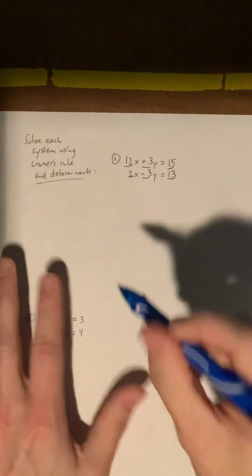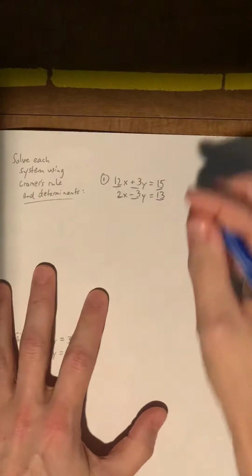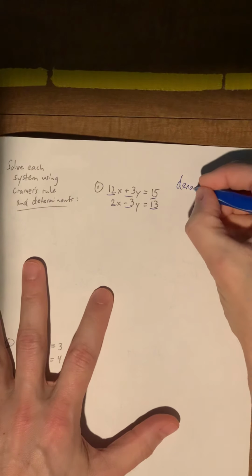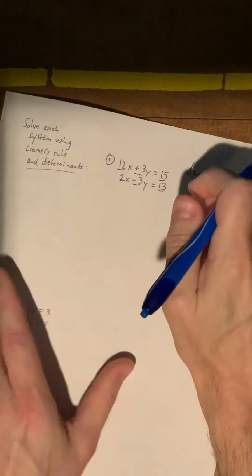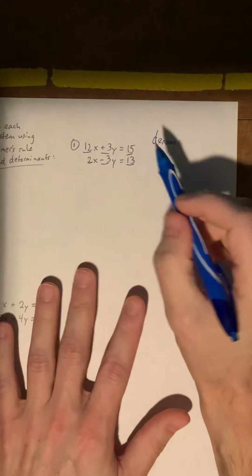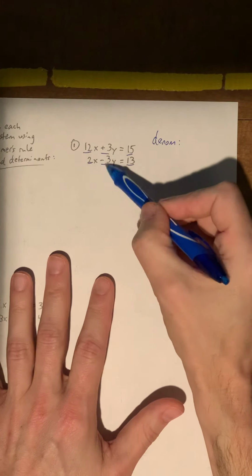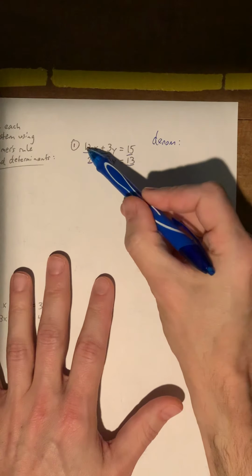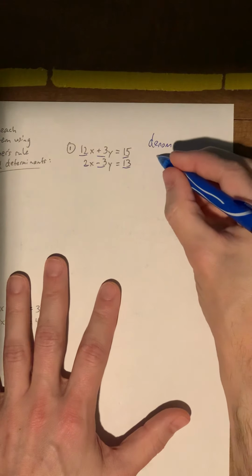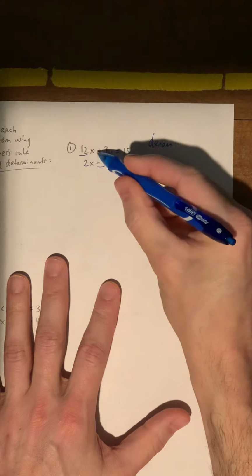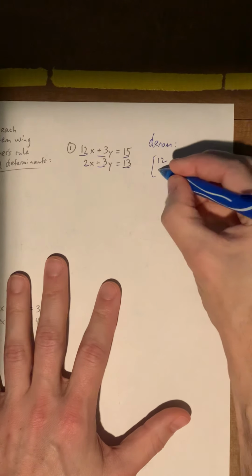So look, to find your denominator, which we'll do first for each of your x and y, you do the normal 2 by 2 matrix, the determinant of that for your coefficients. So you make your 12, 2, 3, negative 3.